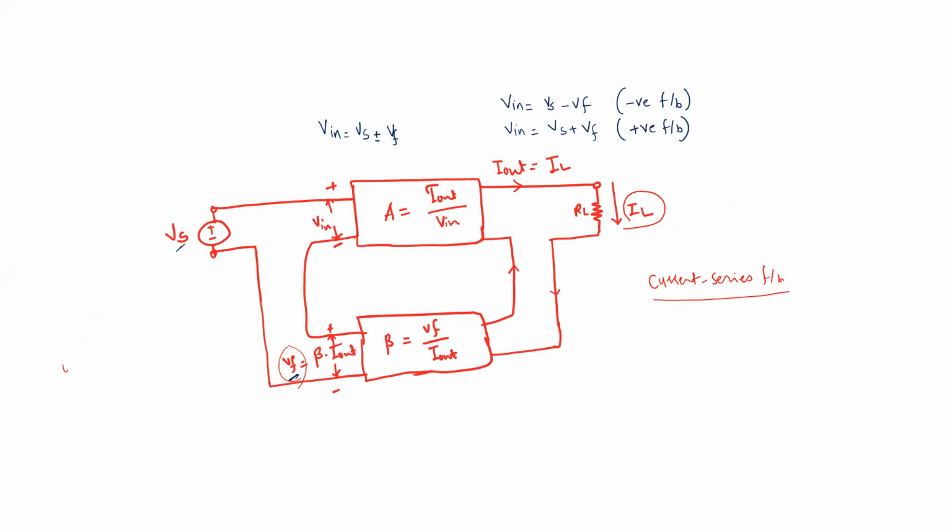So that's the type of feedback we use, current series feedback. So you sense the current and you generate the voltage and add it in series with the applied voltage. So that's basically your current series feedback configuration.